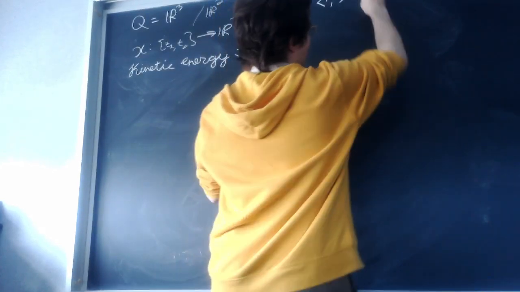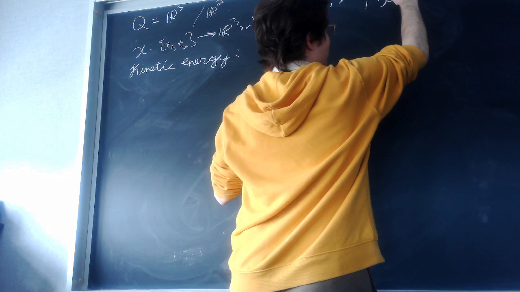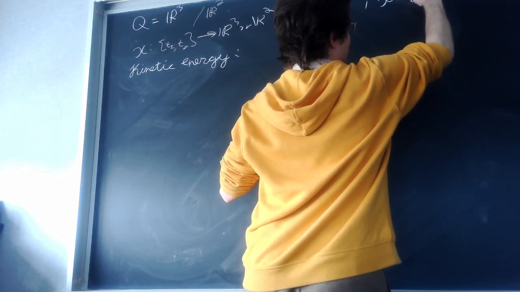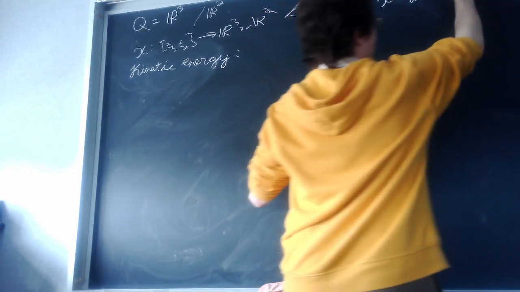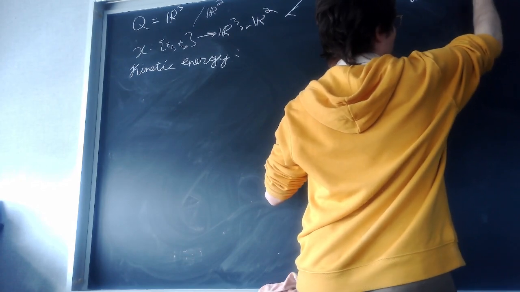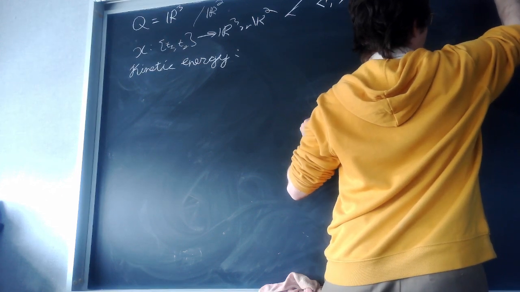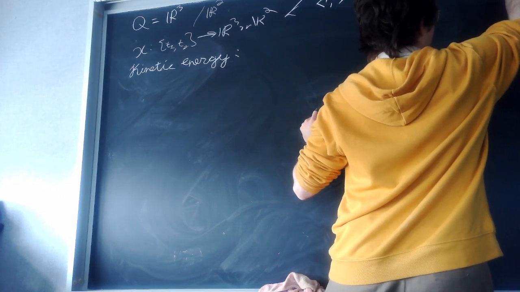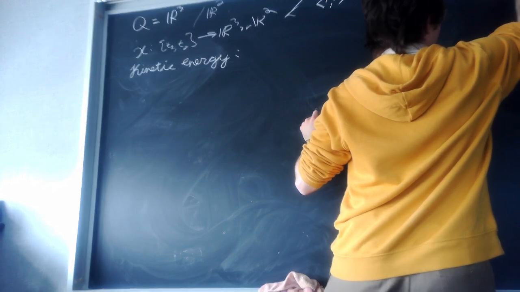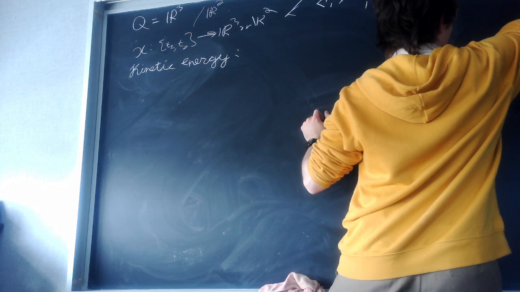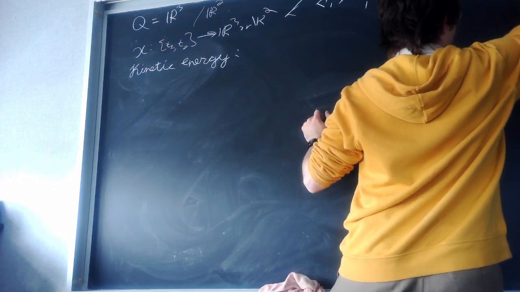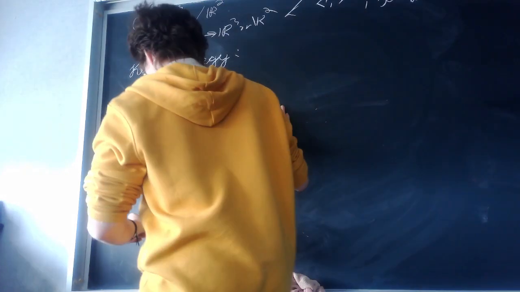Do you agree? And like usual, we define x dot to be d dt of x of t. What I mean by this is I have d dt of the first component, x1 of t, and then d dt of the second component, and so on and so forth, however many components there are.